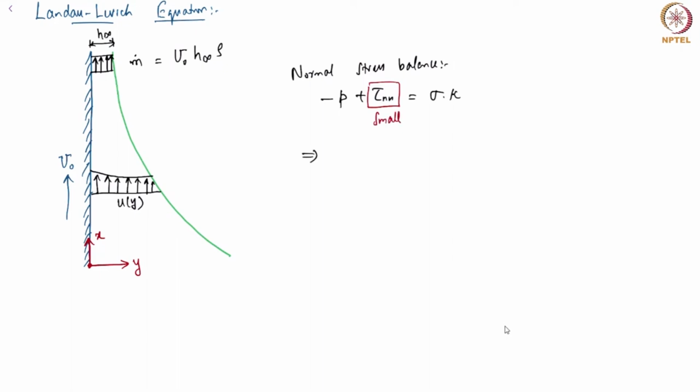And this gives me pressure P equals surface tension times curvature, and in this case, the curvature is just sigma h_xx. Okay, please correct this. This should be gamma times h_xx, and this gives me the pressure gradient, which goes like gamma times h_xxx.